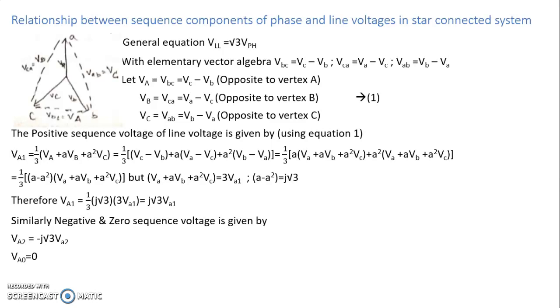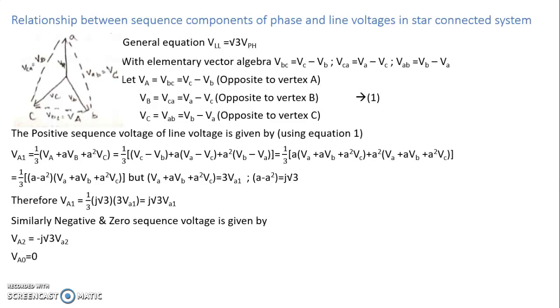Hence it is very important to know the relationship of the sequence components in the star and the delta connection. So regarding that, we will discuss two derivations for the star connected system and the delta connected system. These derivations are not very important, only the formula that I require at the end we will remember, but we will know how that formula was obtained.